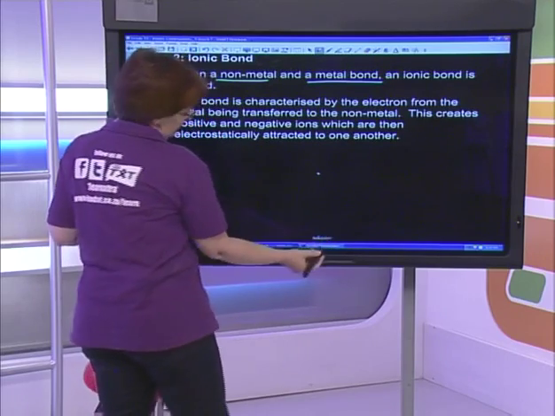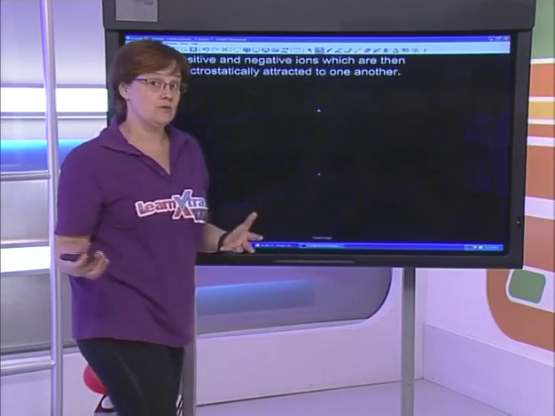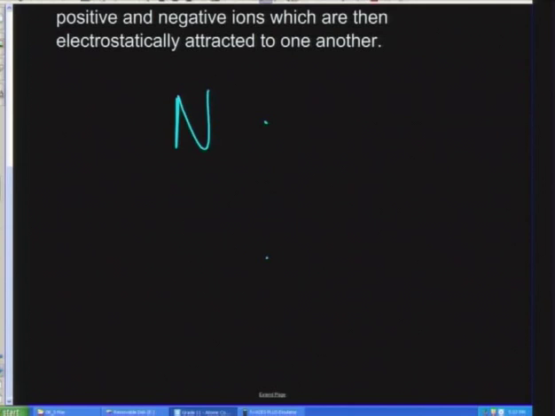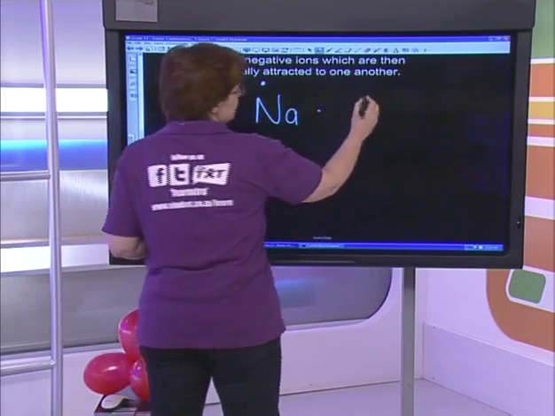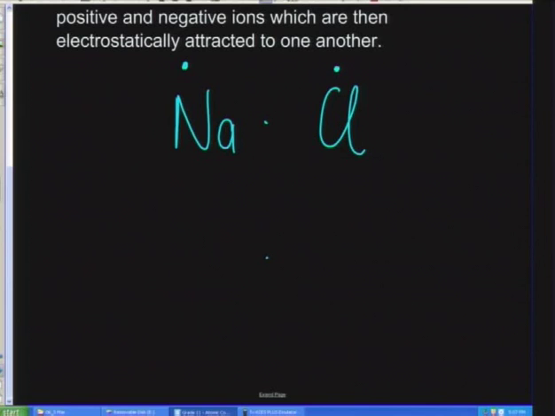Now, an example of this would be something like sodium chloride. Sodium is in the first group, so sodium has one lone little electron in its outer shell, one valence electron. Chlorine comes along, and chlorine, like we've said already, has 7.